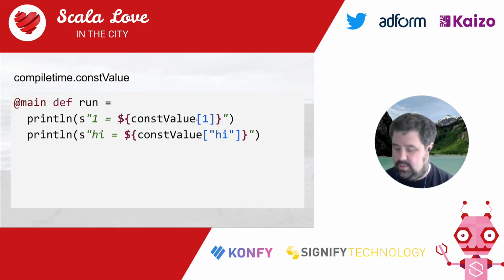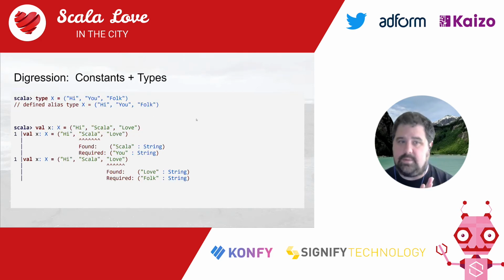If that's a little confusing, let's look at this in more detail. I can define a type X, which is exactly the tuple of the string "hi", the string "u", and the string "folk". Okay, so that's my type. It's the tuple "hi", "u", "folk". If I try to assign to this type "hi", "Scala", "love", it's going to say, oh man, you gave me the string "Scala", but I wanted the string "u" because that's what this type is here.